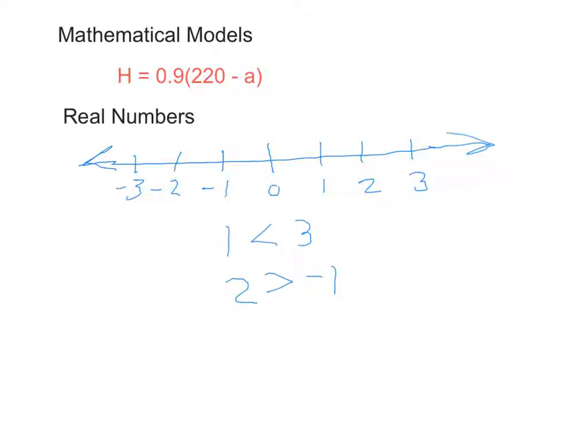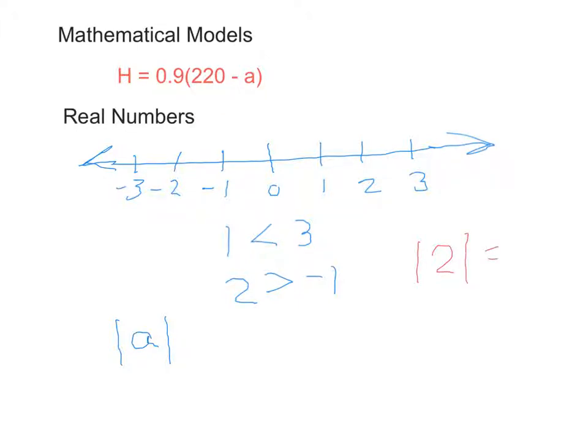So now let's talk about absolute value. Let's say I'm talking about a number A. The absolute value of A is basically the distance the number A is from the origin. For example, let's say that I had the absolute value of 2. Well, how far is 2 from the origin?